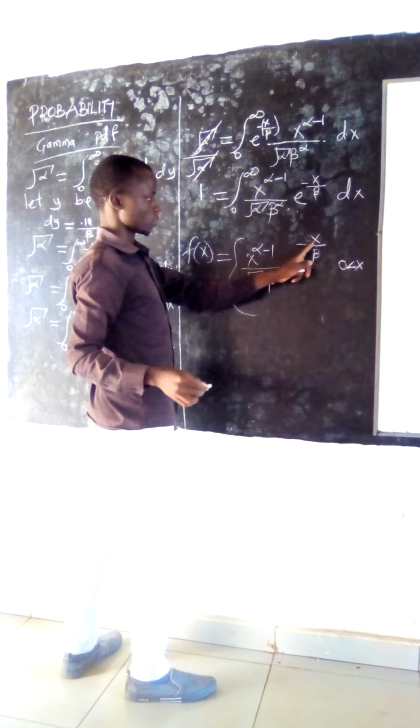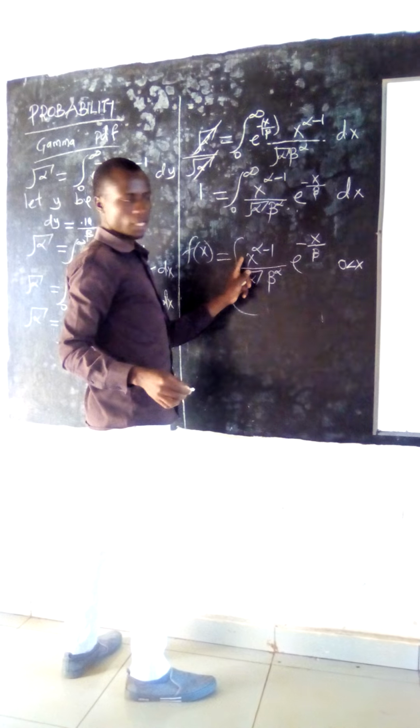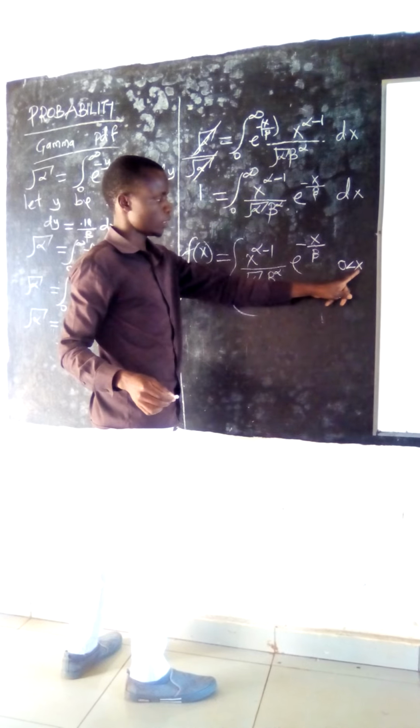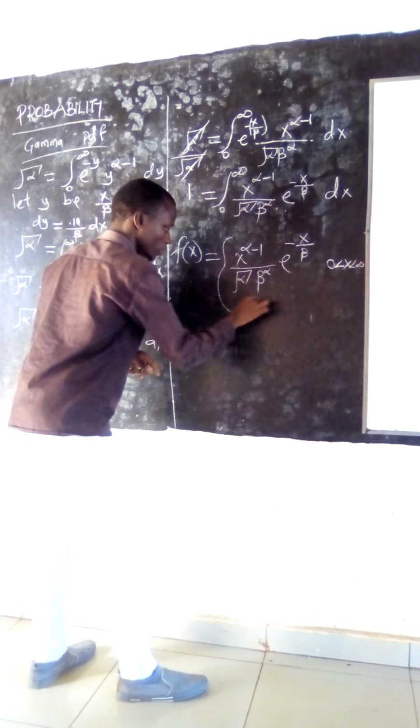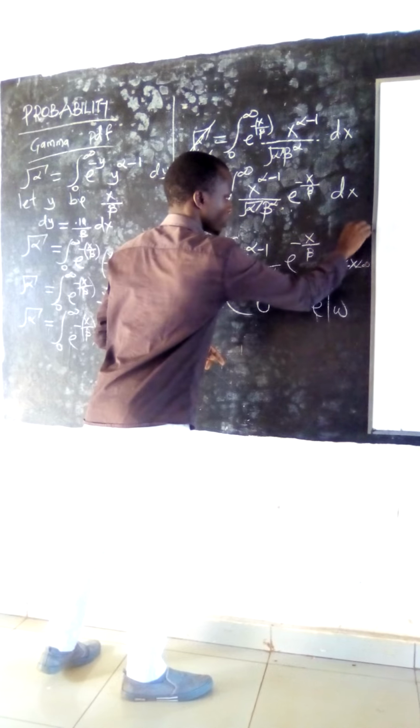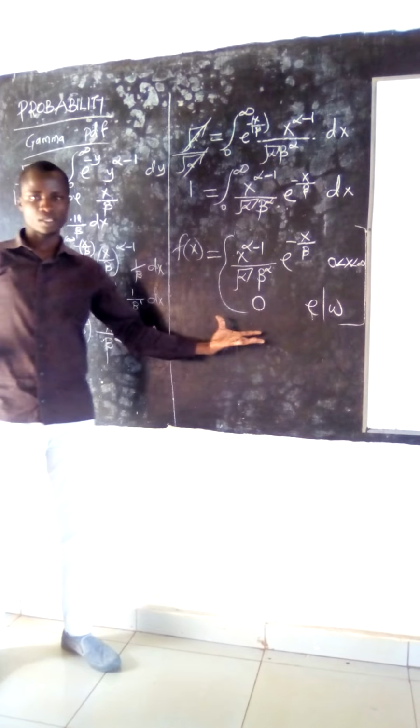They are x's, and therefore you write x. Don't write any other letter here apart from x. Then it is up to infinity. So you just write infinity there. Then you finalize by saying 0 elsewhere. And this shall sum up your PDF.